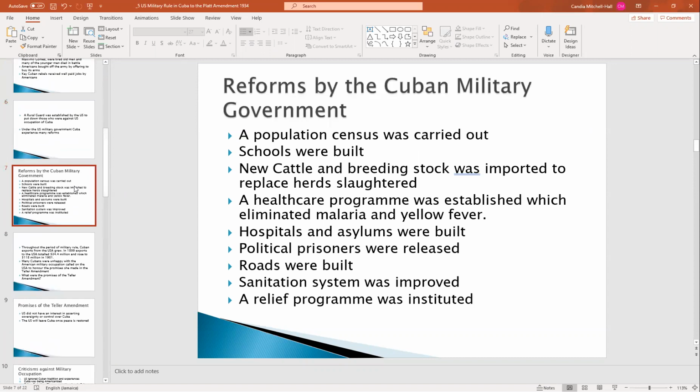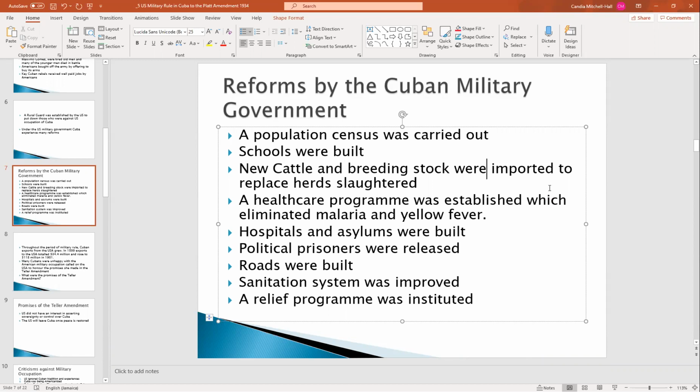we know for sure that they had a military governor in Cuba for 4 years. Now, what were some of the benefits or some of the reforms of the military government that was in Cuba? One, the first thing they did was that a population census was carried out. So the first thing the military government that the US appointed there, and all the persons in the government were American Army personnel.